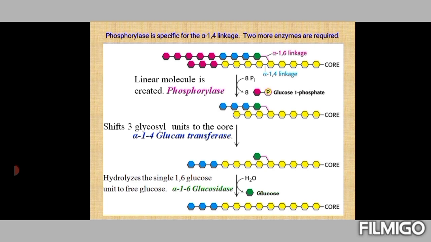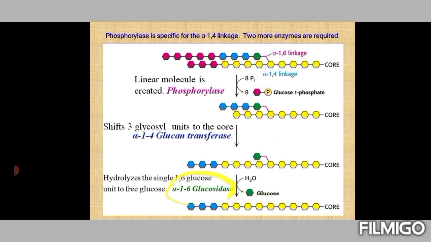that is alpha-1,6-glucosidase, which is also called the debranching enzyme. It actually cuts away that single stump, that single glucose molecule, the green colored subunit, which is attached to the parent chain through an alpha-1,6 linkage.